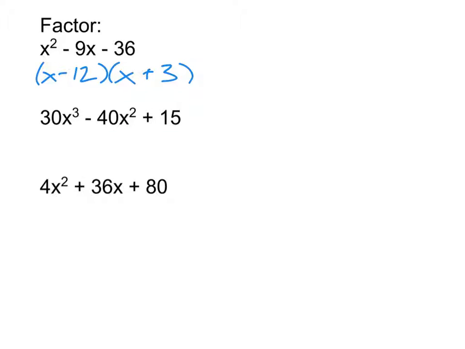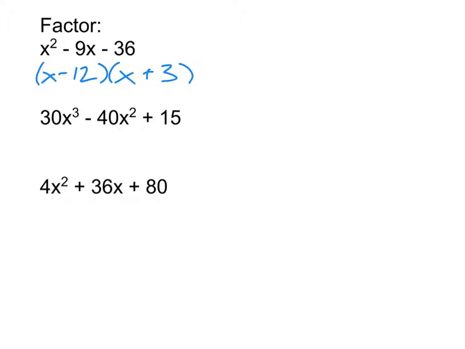All right, the second problem here. The second problem doesn't quite look like that though. Notice the second one starts with x cubed and then it goes to x squared and then there's no x's. And so how will we do that? Well, we're not going to end up with the two sets of parentheses like we did in the first one. Instead, we're just going to pull out one thing that I can divide everything through by.